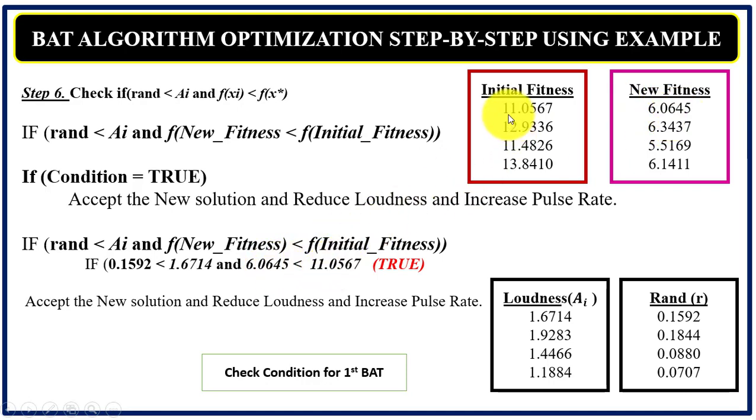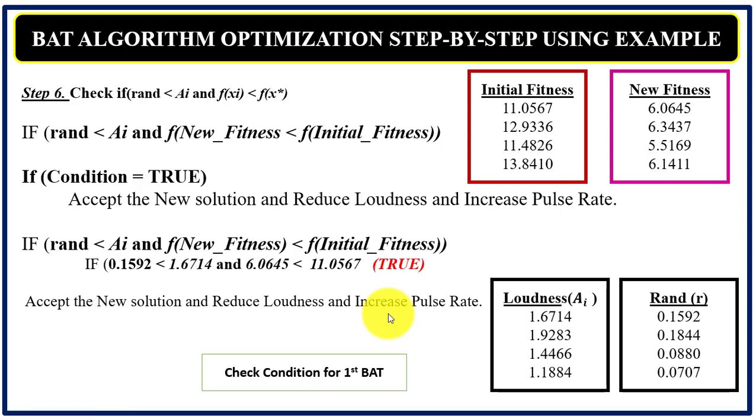The initial fitness value we have is 11.0567. Checking the conditions, both are true, so true AND true means the output is true. Now we will accept the new solution, reduce loudness, and increase the pulse rate.